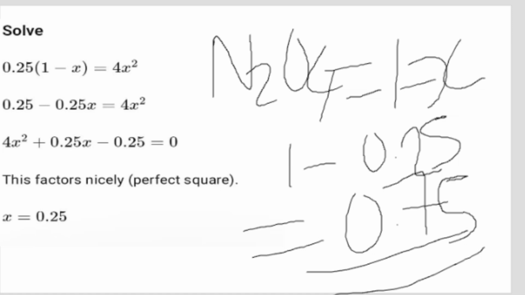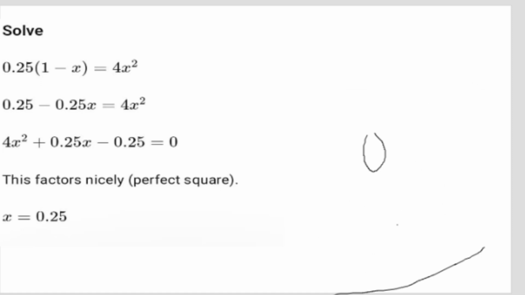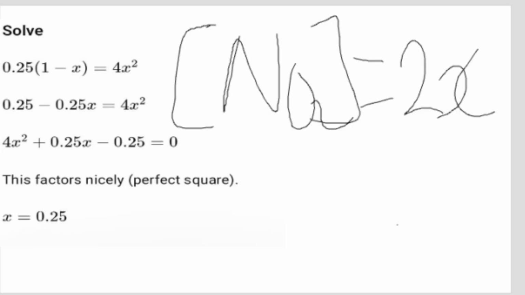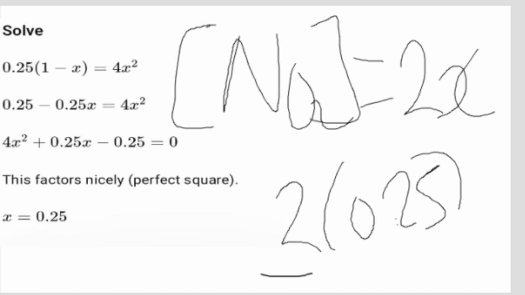What about NO2? NO2 at equilibrium is given by 2x. So we just multiply 2 times 0.25, and the answer is going to be 0.5.